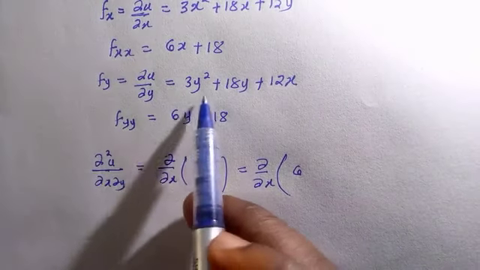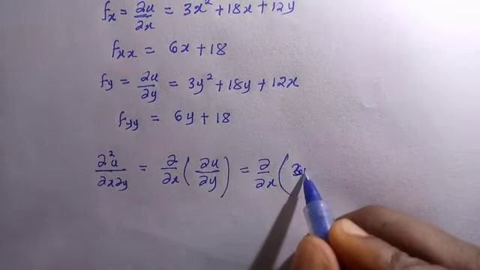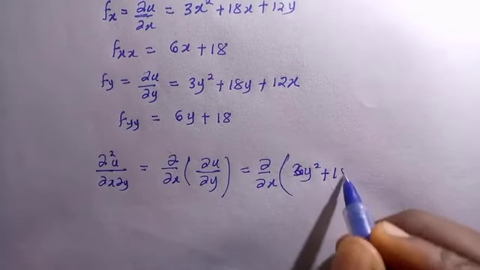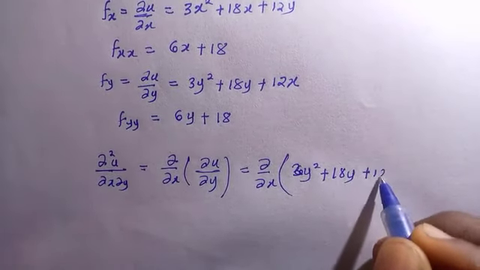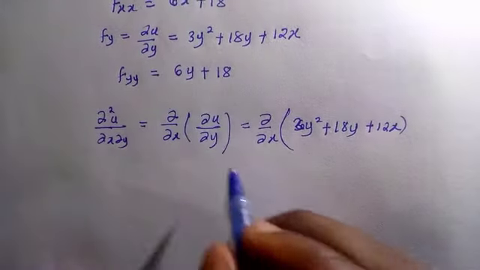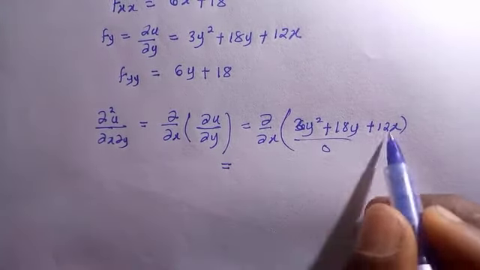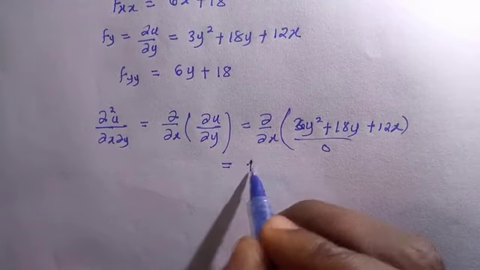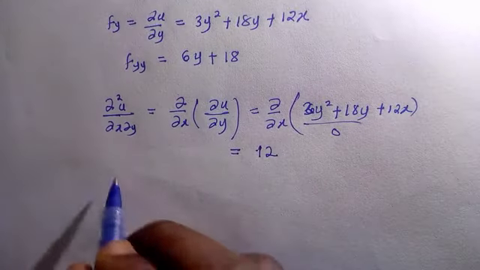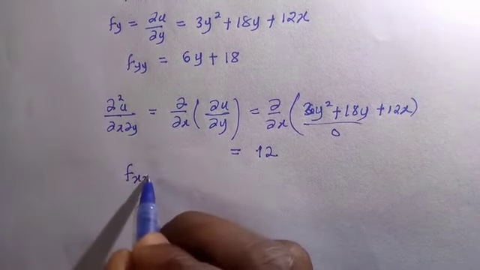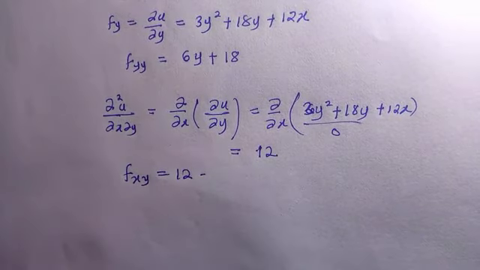So if you put this thing in this, which is 3y squared plus 18y plus 12x, and we still go to differentiate. Since the derivative outside is with respect to x, we are going to differentiate with respect to x, all y becomes 0, and if you differentiate 12x is 12. Therefore fxy equals to 12.